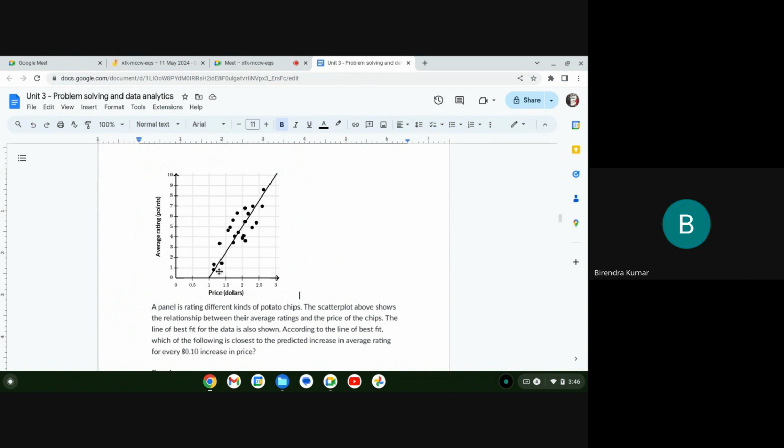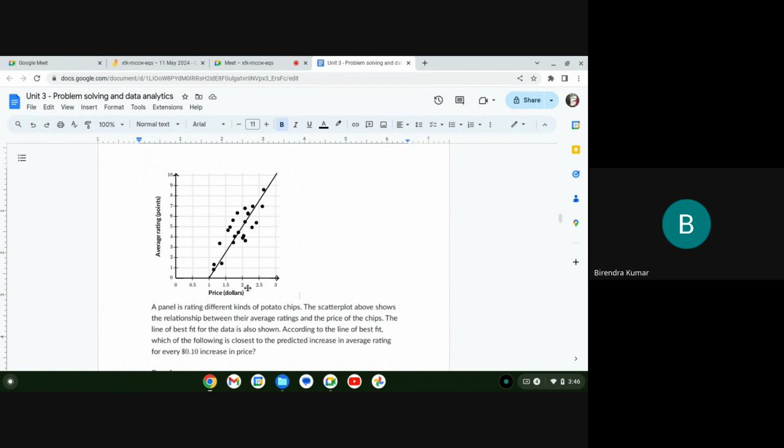Here I will make a closer guess: the bottom one I will not say 0.8, I'll say let's say it's 1. It's somewhere around 1. From 1 to 4 it goes, meaning three rating points it increases. For how much increase in the price? Almost 1.2. It goes to maybe 1.7. So 1.2 to 1.7.